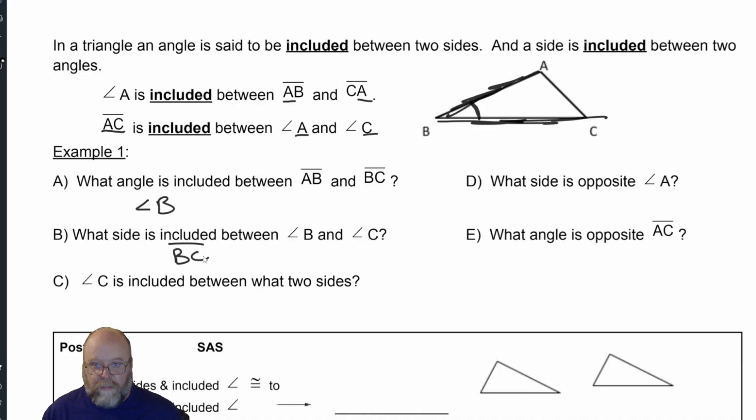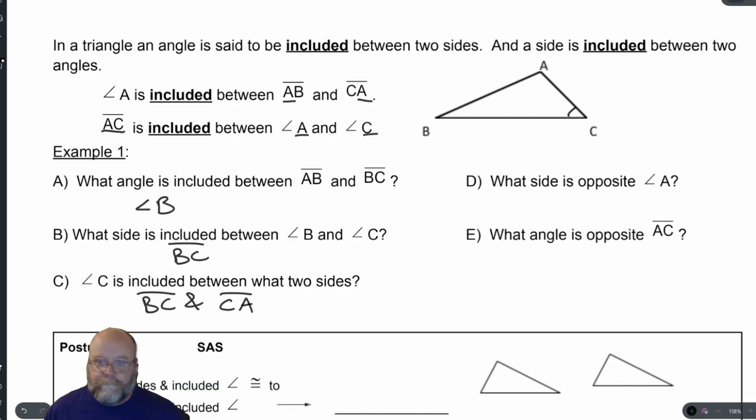Let's look at the picture. Here's B, here's C, here's BC. It's included. C is included between what two sides? Here's C. It's included between the two sides that make it, so that's going to be BC and CA. Here's BC, here's CA.